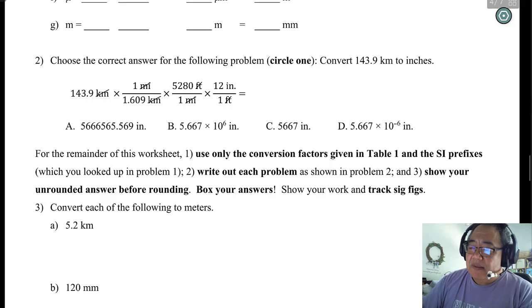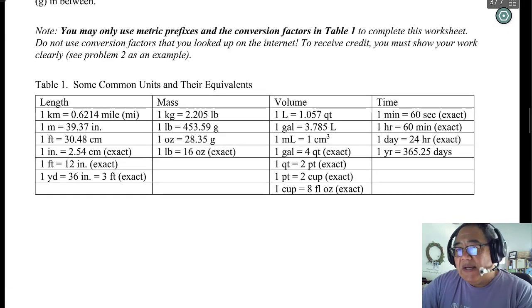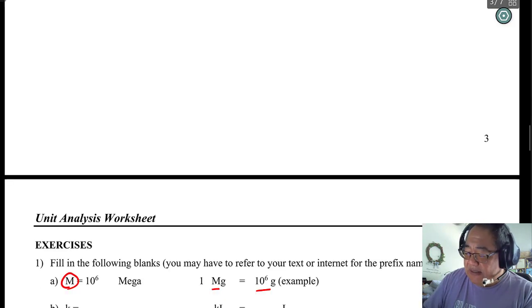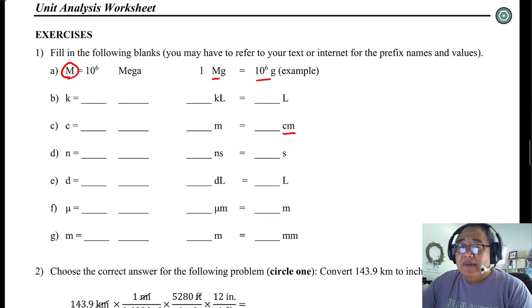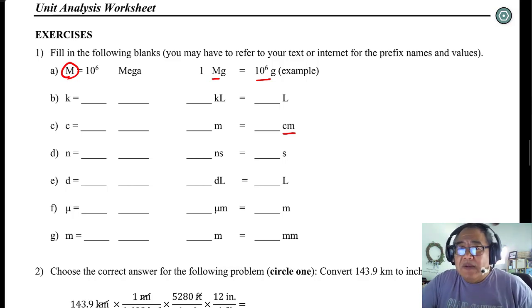So if you go to look at table 1, those are all the conversion factors you're allowed to use. You can use these conversion factors, or you can use the prefixes that you look up here, but that's it. Don't go online and figure out a fun conversion factor so that you only have to do one step. Because when we start doing chemical problems, you can't do that. So we're trying to teach you the systematic way of setting up these problems. So use only those conversion factors.